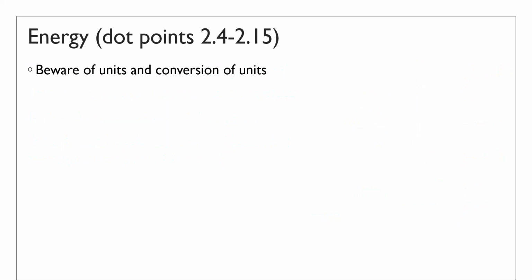So in general, with these kinds of questions, you have to be aware of units and also the conversion of units. Obviously kilojoules and joules is probably the main one, but also conversion between different energy units. So we're talking, let's say, between kilojoules per mole and kilojoules per gram and kilojoules per mil. There's actually some terminology for this.